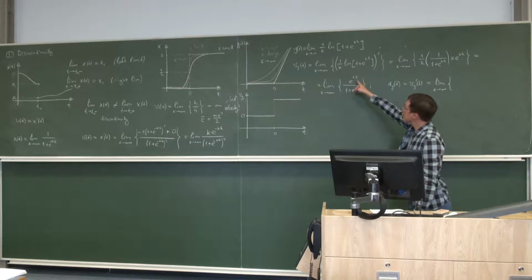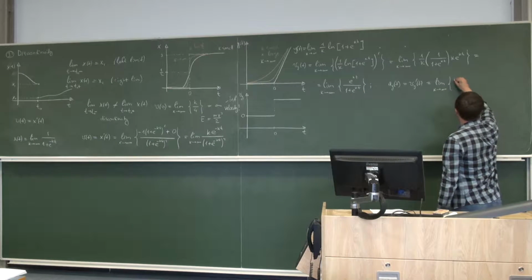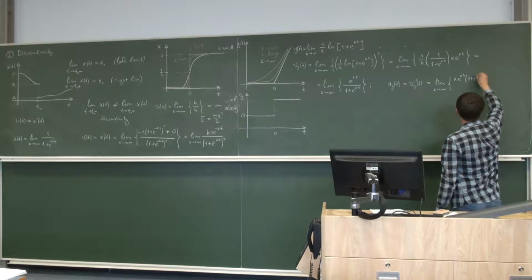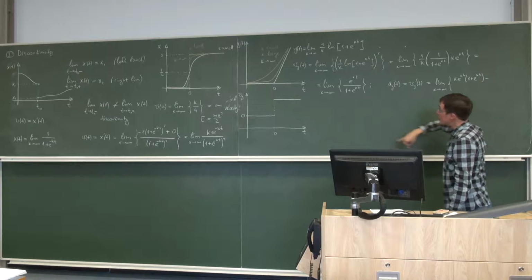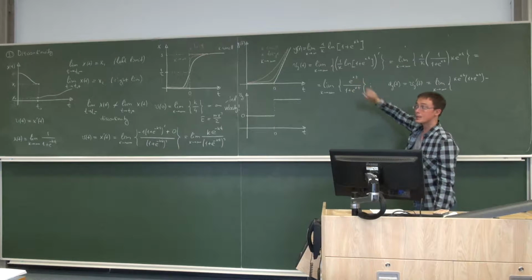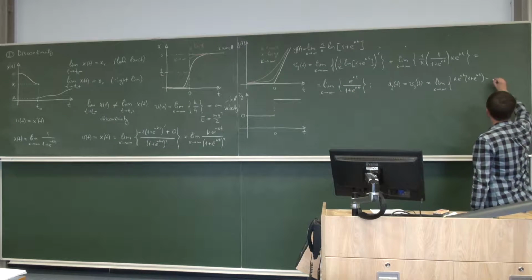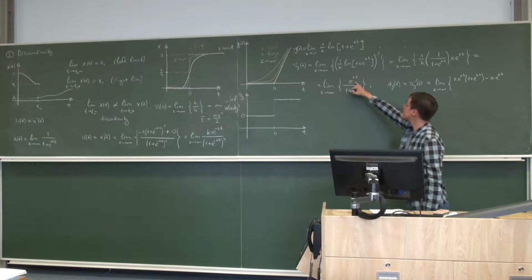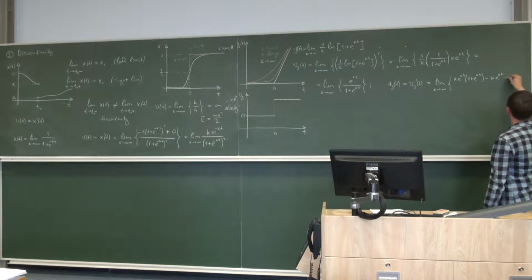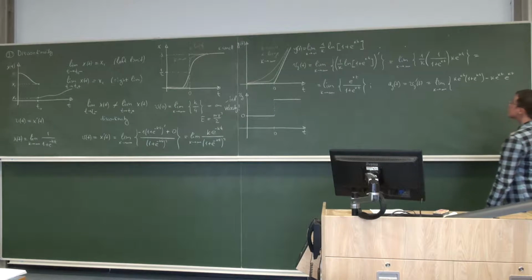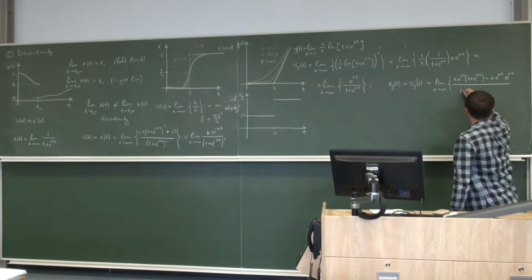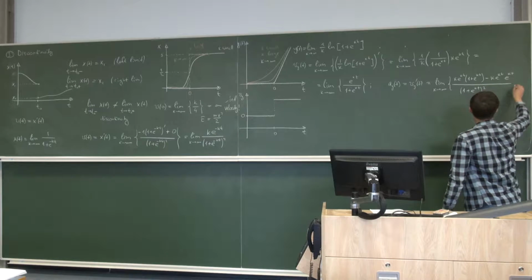So numerator prime times denominator, k e to the kt times 1 plus e to the kt, minus denominator prime times the numerator. Denominator prime is k e to the kt, times the numerator e to the kt. Divided by the denominator squared, 1 plus e to the kt squared.